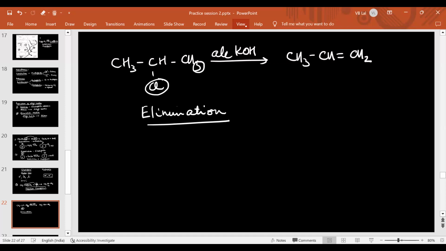When we learn aldehydes and ketones, we will learn the other type. So right now we have learned 5 types of reactions: 2 types of substitution reactions, then 1 type of addition reaction and 1 type of elimination, right? So you have to revise, learn and identify those different types of reactions, okay?